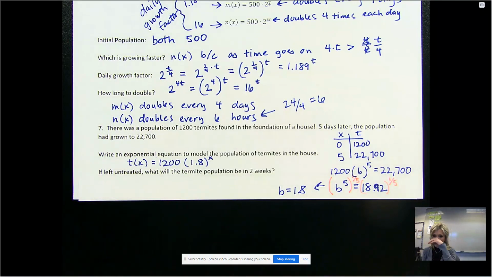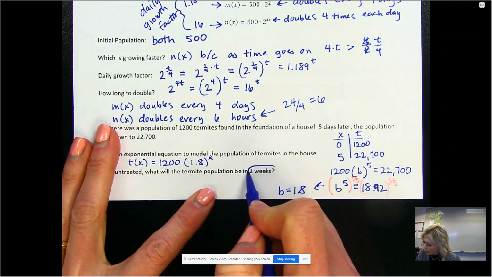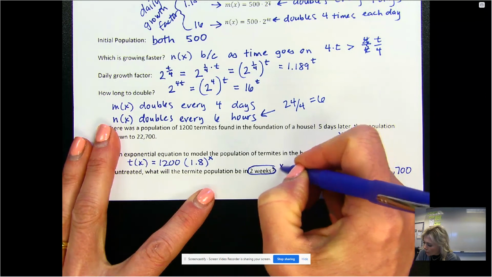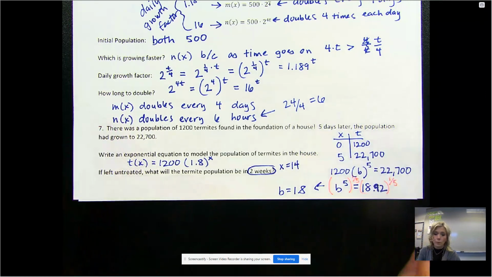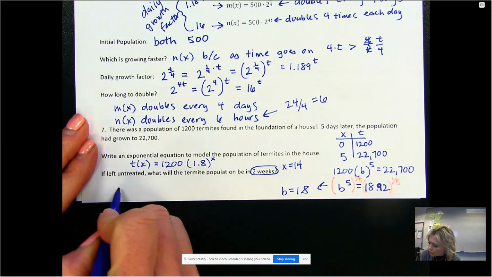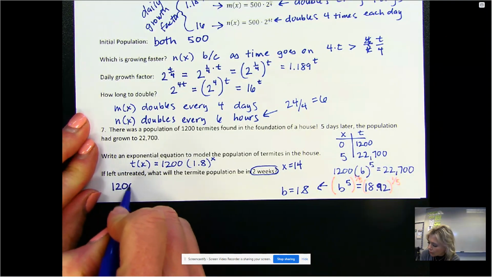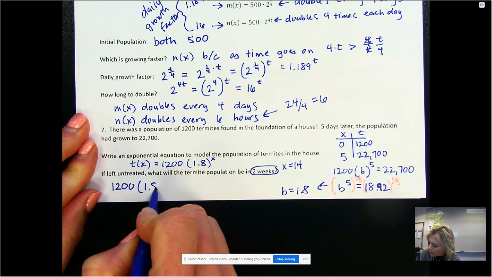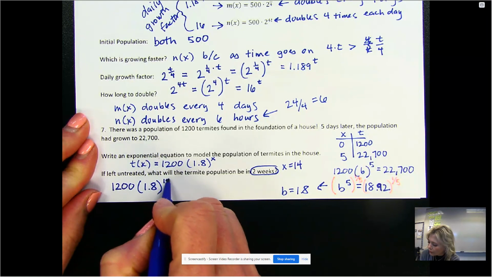Okay. And then finally, if left untreated, what will the termite population be in 2 weeks? So our initial unit is in days. And so in 2 weeks, we're going to use an x value of 14 because there will be 14 days in 2 weeks. So to answer this question, you just find 1,200 times 1.8 to the 14th.